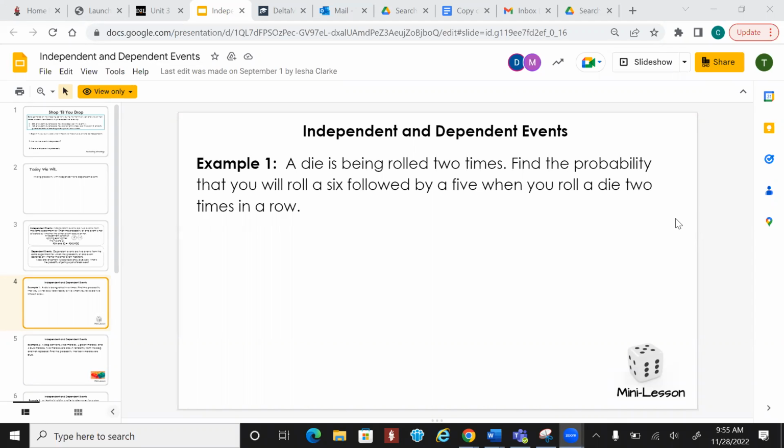Okay, so let's take a look at it. What's the probability of rolling a 6? 1 out of 6. Fantastic. What's the probability of rolling a 5? So what's 1 out of 6 times 1 out of 6? First of all, 1 out of 6 is 0.1, about 0.167.